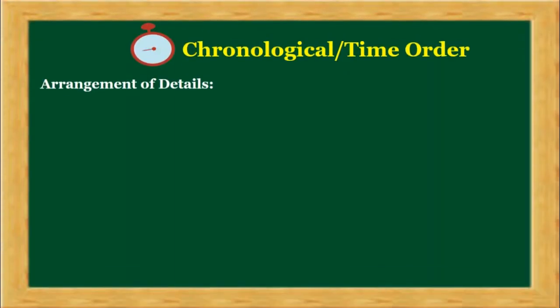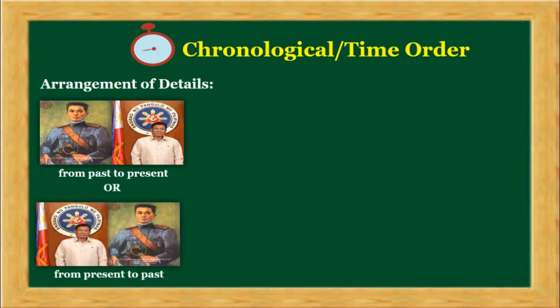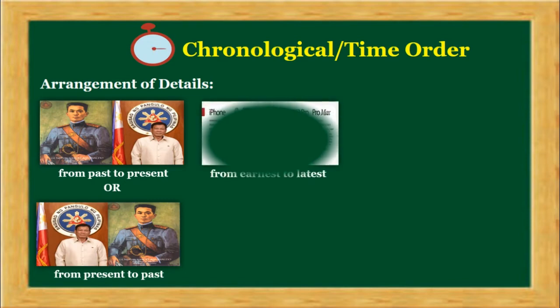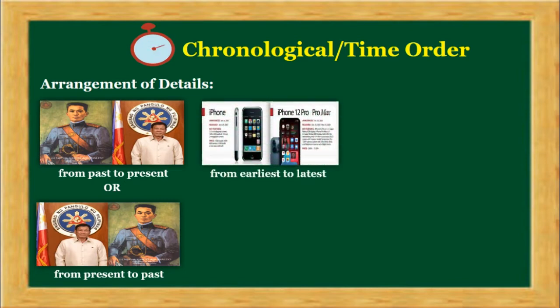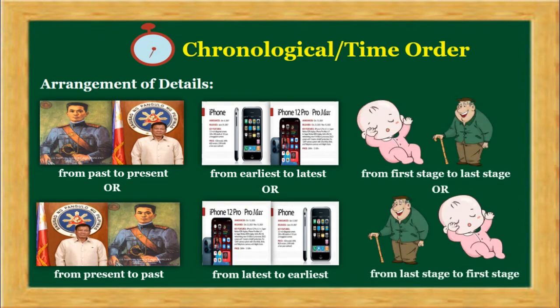When using chronological order, arrange the events or the details using any of the following. First, from past to present, or from present to past. Second, from earliest to latest, or from latest to earliest. And third, from first stage to last stage, or from last stage to first stage.